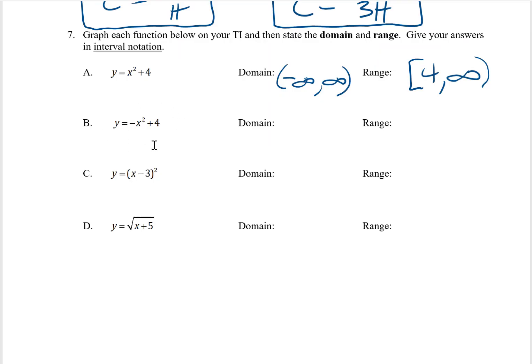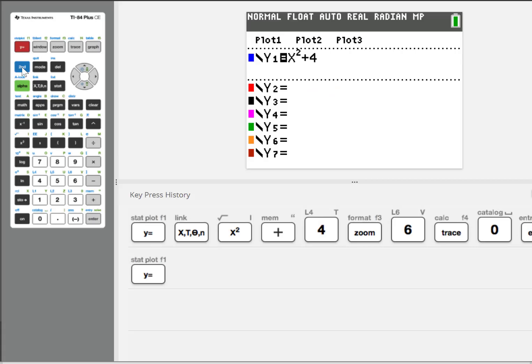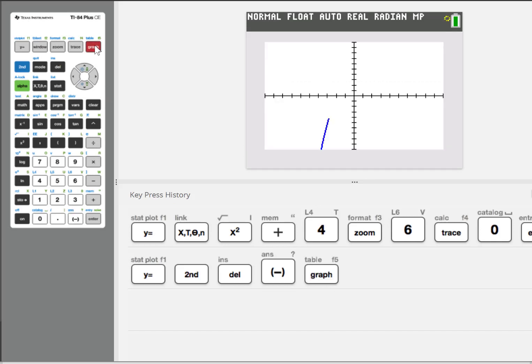Okay, the second example is negative x squared plus 4. So we'll go back to the y equals, I think I can just insert a negative there. So y equals negative x squared plus 4, and let me redraw the graph. Now I have a downward parabola. Again, it gets wider and wider. The domain isn't going to change. The range, though, now it's the highest y value that's 4.